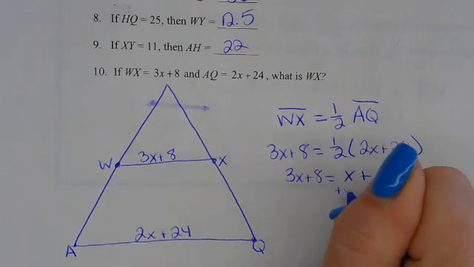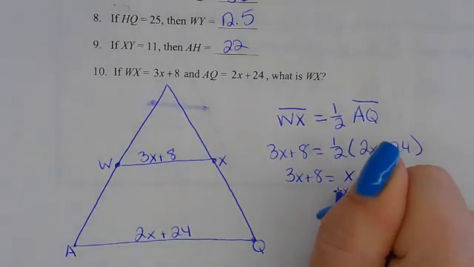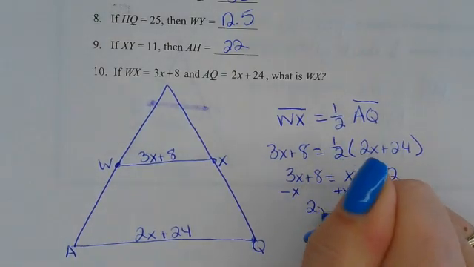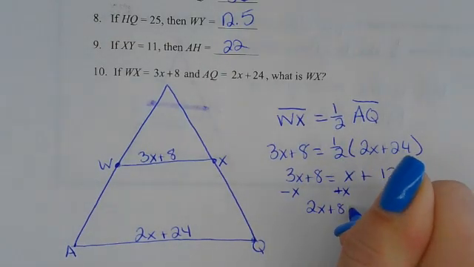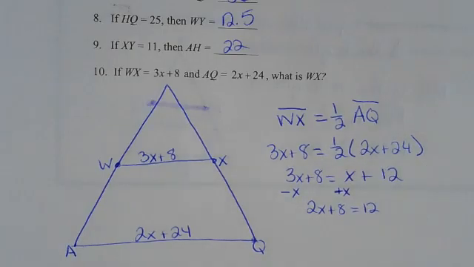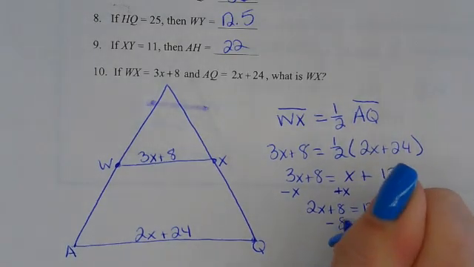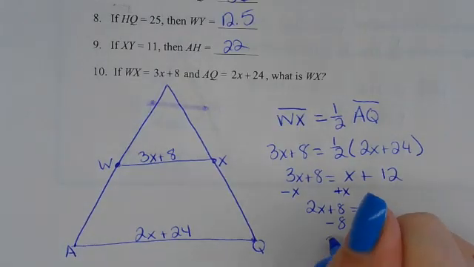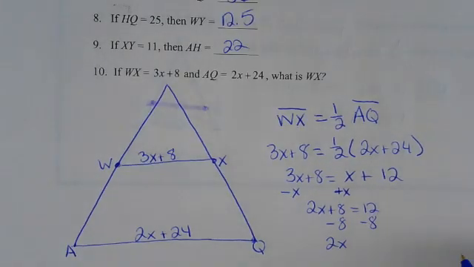I'm going to subtract x and get 2x plus 8 equals 12. Then I need to subtract 8 and I get 2x equals 4. Divide by 2 and x equals 2.